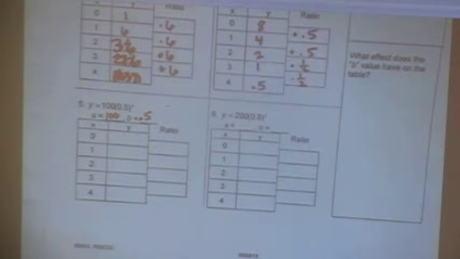So on 5, my A value is 100. My B value is 0.5. Before I plug it in my calculator and look at it, what can you tell me about my Y values? How are they going to be moving? What do you think is going to happen to them? They should be split in half or getting smaller each time.